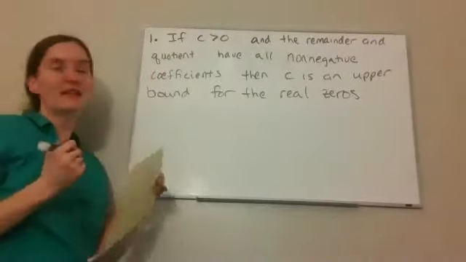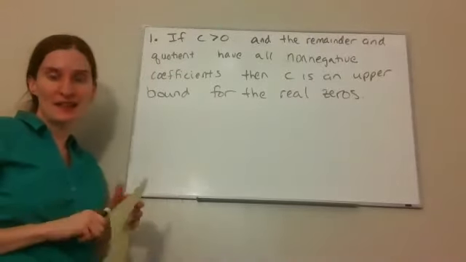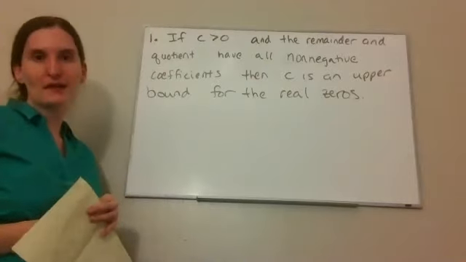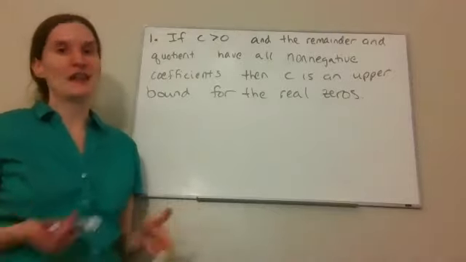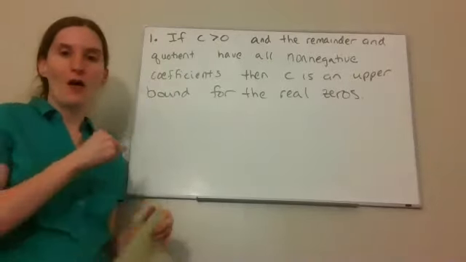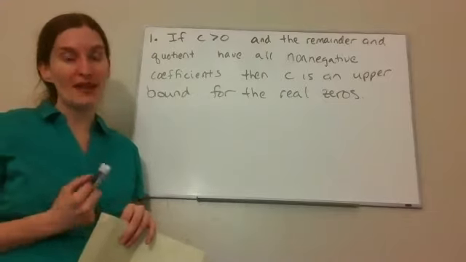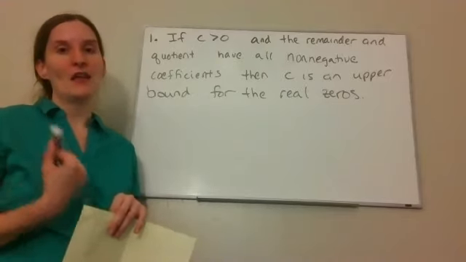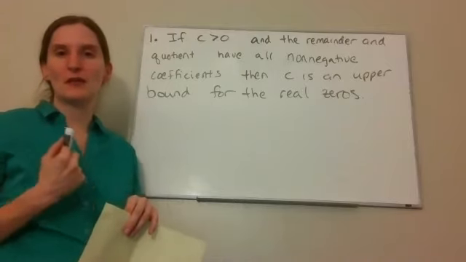What this means is if you are dividing your polynomial by x minus c, and c is a positive number, if when you do all of your division, synthetic or long division, all of the coefficients are non-negative and your remainder is non-negative, then that c is an upper bound for your real zeros.